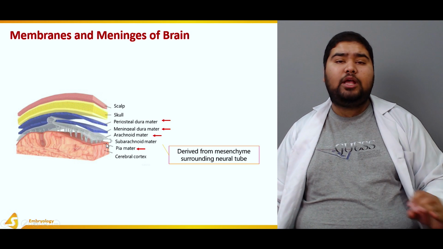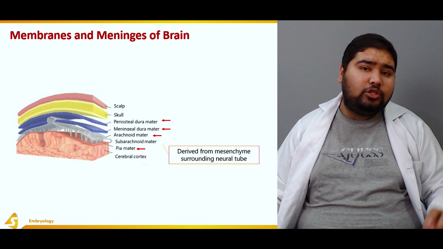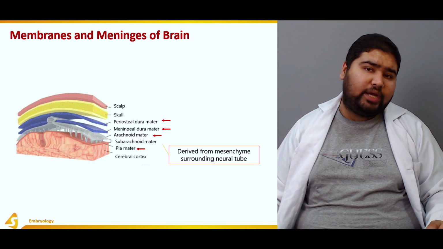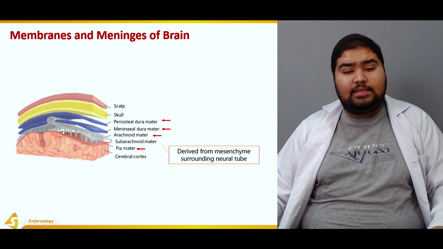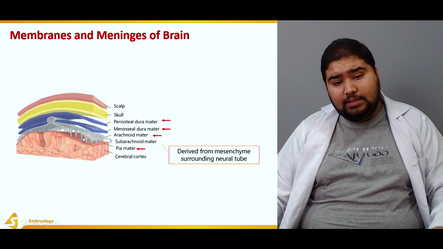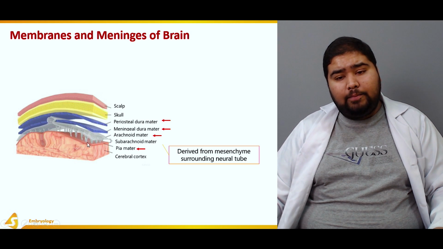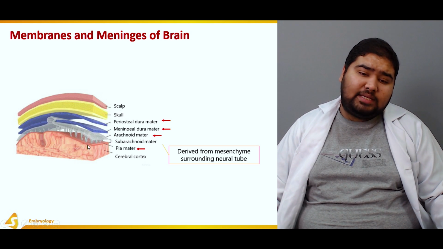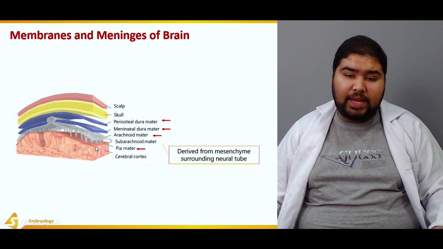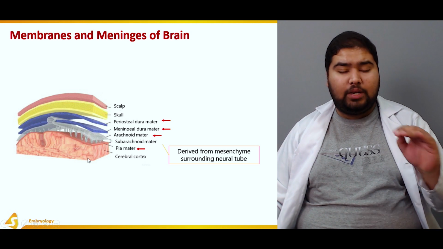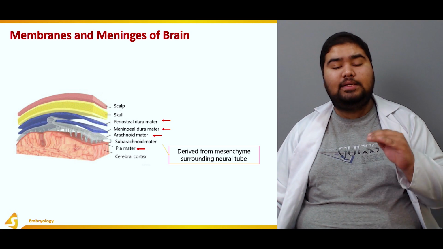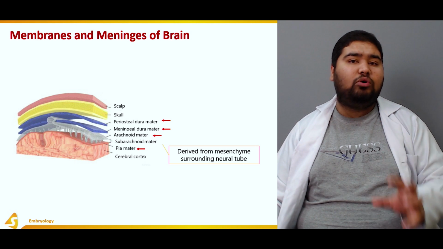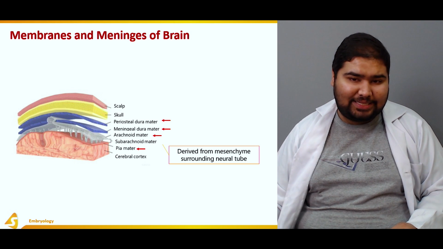The subarachnoid space is the area into which the cerebrospinal fluid flows. So this is the subarachnoid space, this area. Below the subarachnoid space is the pia mater in dark pink, and finally below the pia mater lies the cerebral cortex, the brain tissue itself.